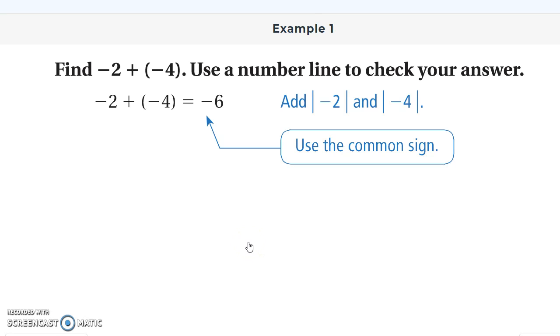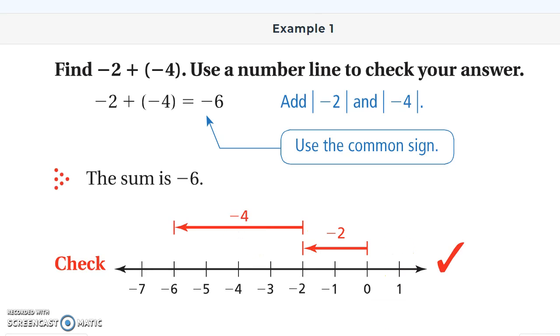Let's check on a number line here. I am 2 away, and I am 4 away, so I am a total of 6. If I start at negative 2 and I go back 4, I end up at negative 6.